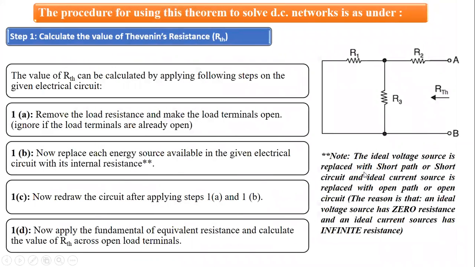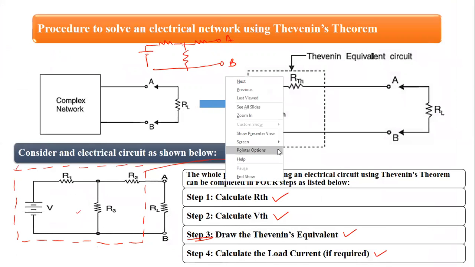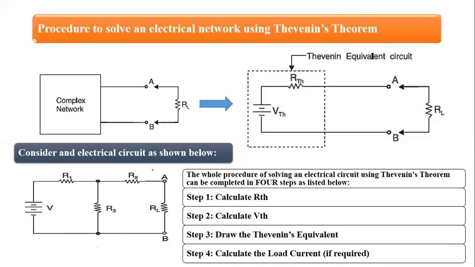Let us come to the first step, that is, how to calculate the Thevenin's resistance. See, now what is Thevenin's resistance? First of all, you understand. Let us come back to this circuit here. And in this circuit, how do we calculate Thevenin's resistance? To calculate Thevenin's resistance, we remove the load branch.